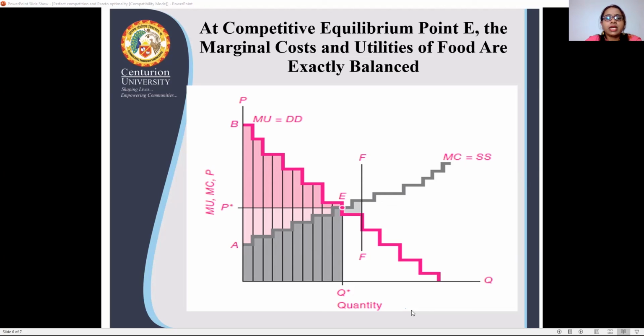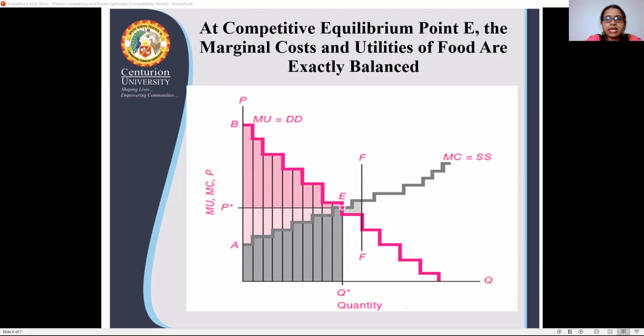For example, if movies have 2 times the marginal cost of, say, pizza, then price and marginal utility of movies must also be twice that of pizza. Only then will the marginal utilities, which are equal to the price, be equal to the marginal costs. And by equating price and marginal cost, competition guarantees that an economy can achieve allocative efficiency.